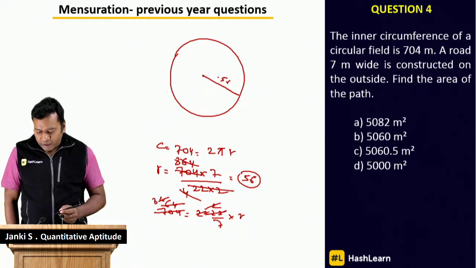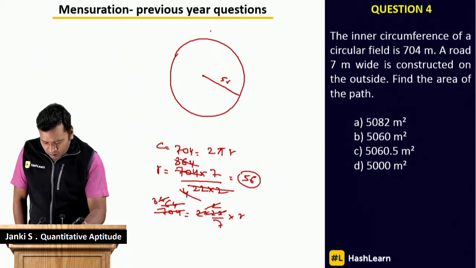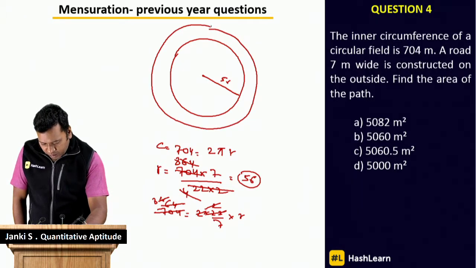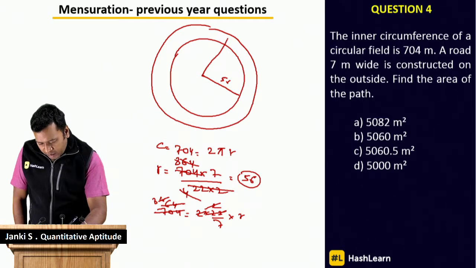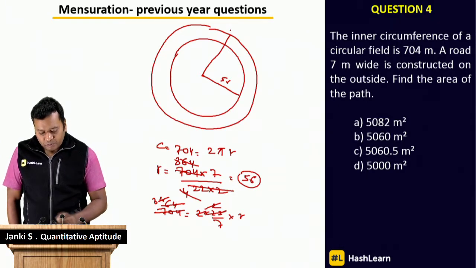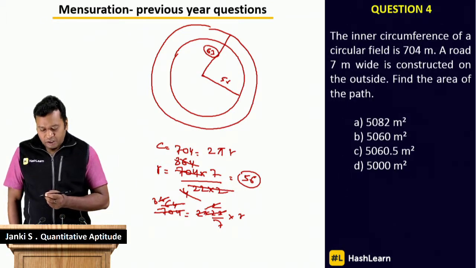A road of 7 meter wide is constructed outside. तो एक रोड बना दिया 7 meters wide. So that means the radius for the outer part is how much? 56 plus 7. So let's take 56 plus 7. The value is nothing but 63 is my value available here.